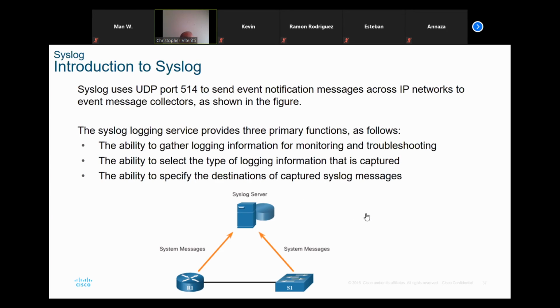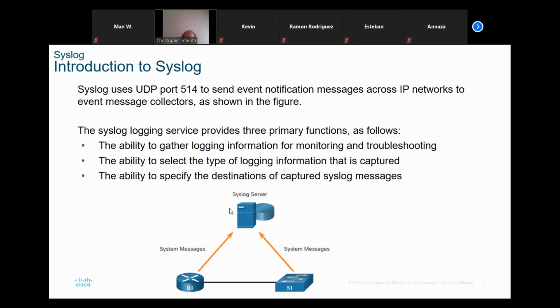Syslog, UDP port 514, is used to send event notification messages across IP networks to event message collectors, as shown in the figure. The syslog server is probably a network management station, also running SNMP. The syslog logging service provides three primary functions: the ability to gather logging information for monitoring and troubleshooting, the ability to select the type of logging information that's captured, and the ability to specify the destinations of captured syslog messages.